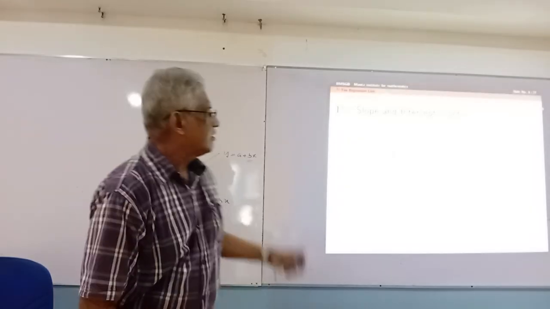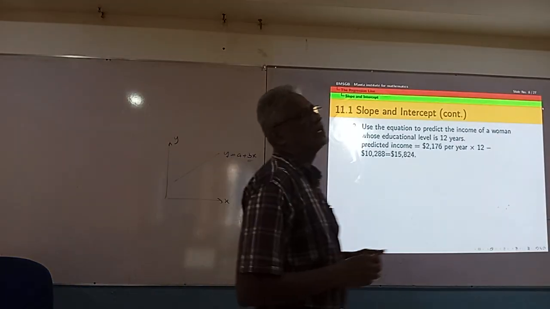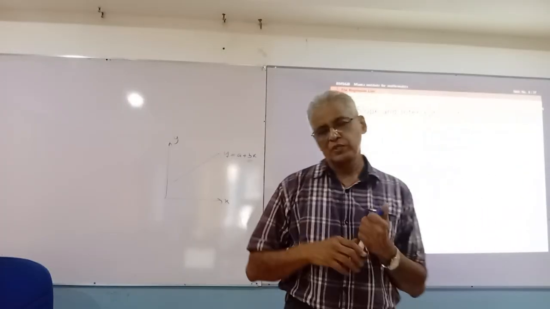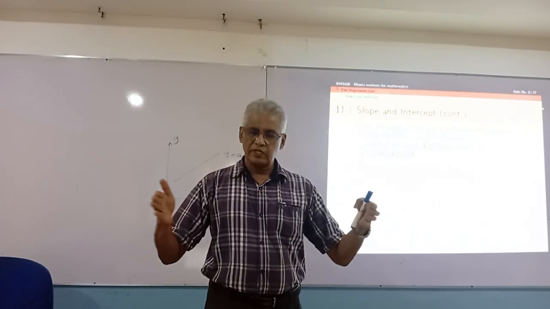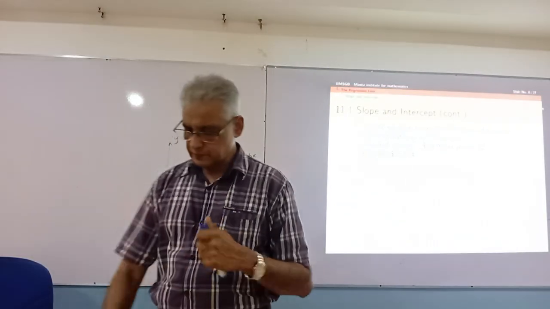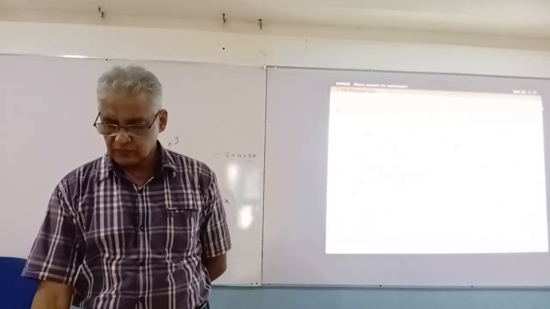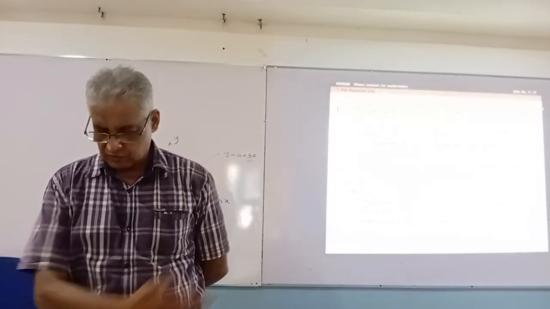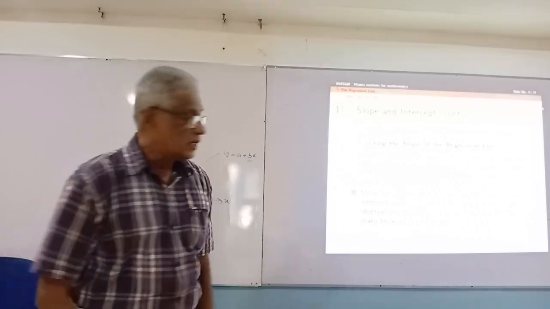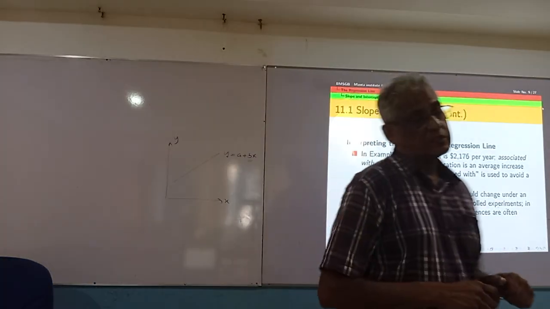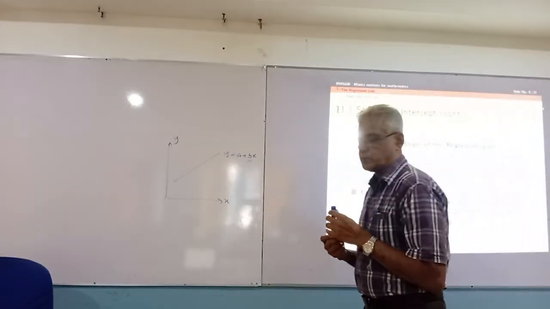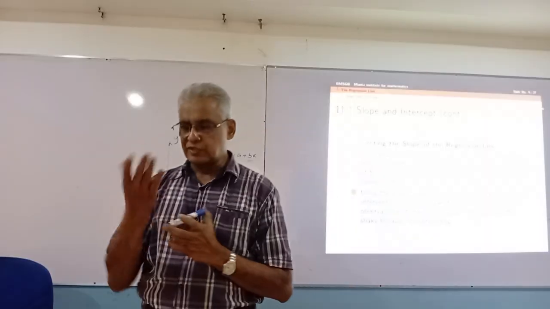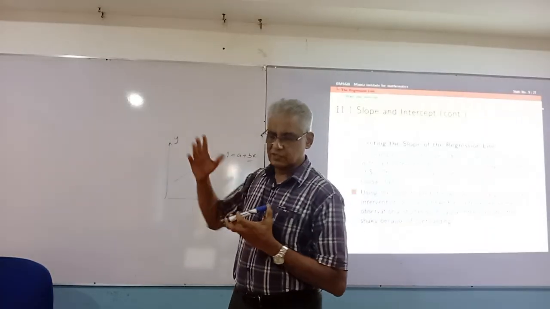Once you have the equation, of course you can predict the average y value for a given x within the range of x's in the data set. This explains what I just explained. When you are interpreting the slope, you have to be careful, especially with the words, not like in mathematics.